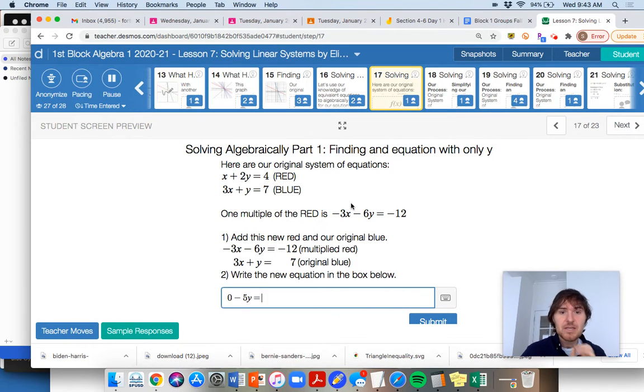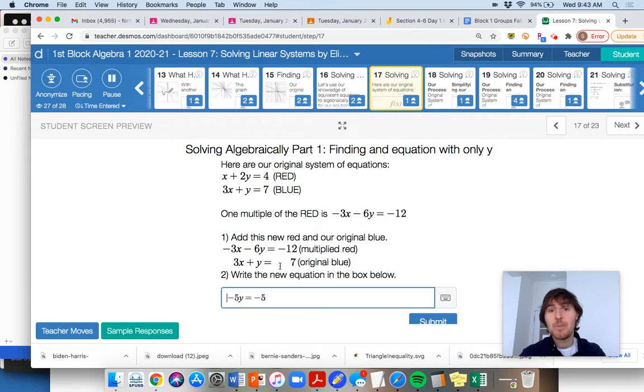That's equal to negative 12 plus 7. Negative 12 has the greater absolute value, so we're more negative here. 12 minus 7 is 5, so this is going to be negative 5. That's what our equation would look like. What happened? We eliminated x. Now we have an equation with only one y. So this is what I would put down for this slide.